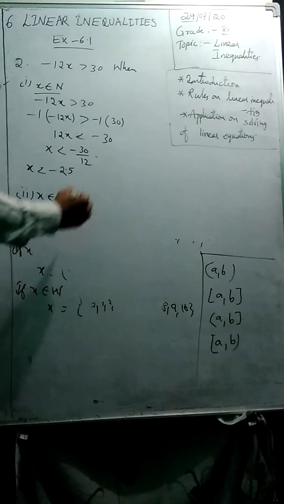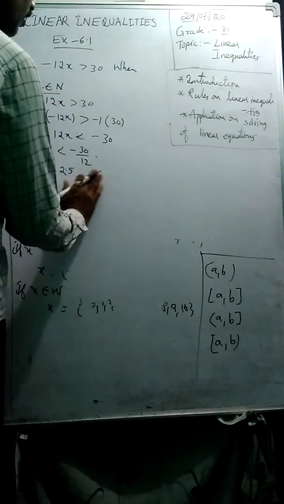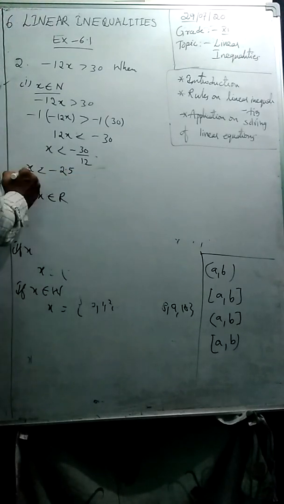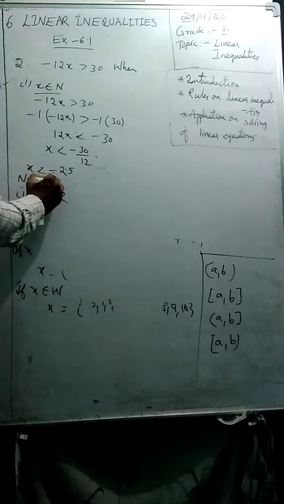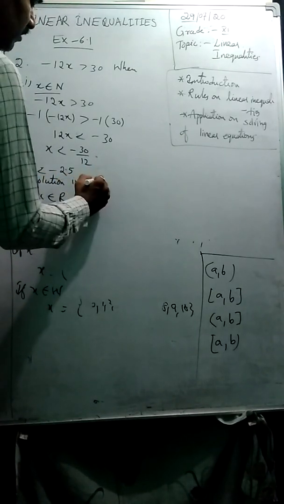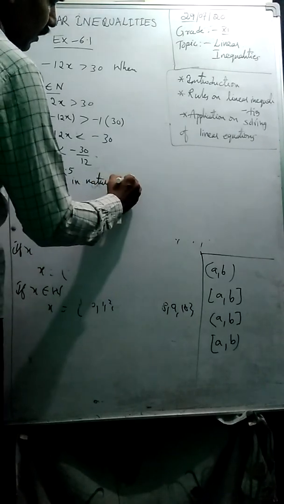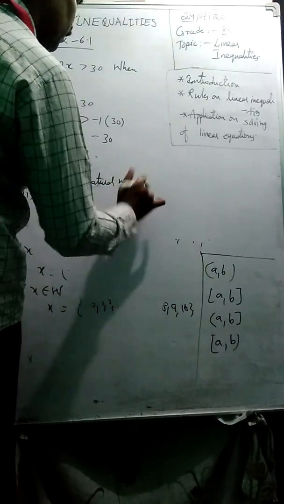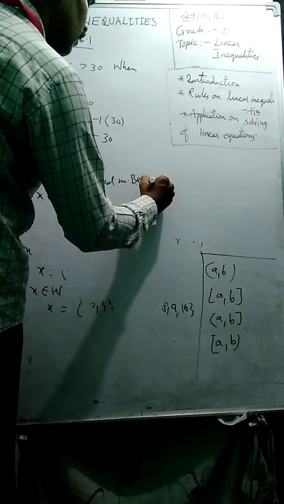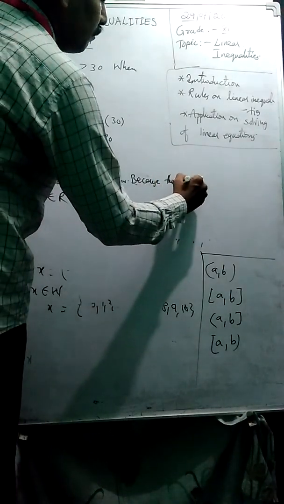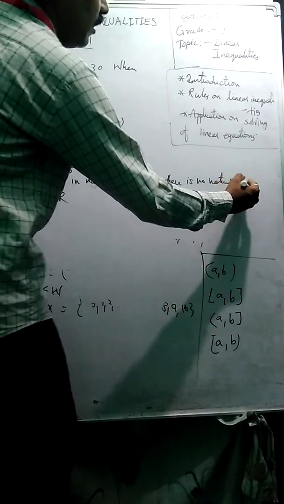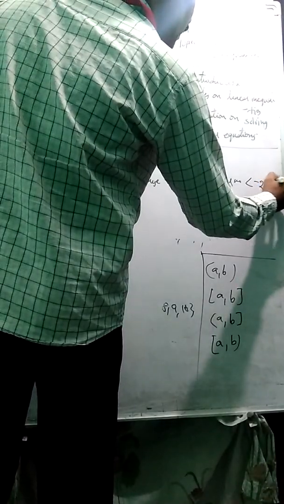Is there any natural number less than -2.5? There is no natural number. Solution: no solution in natural numbers, because there is no natural number less than -2.5.